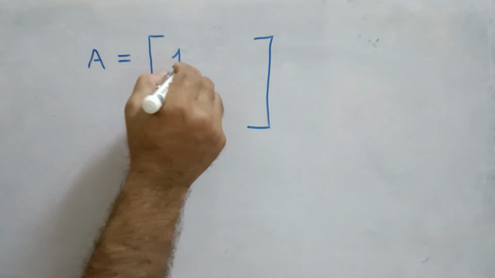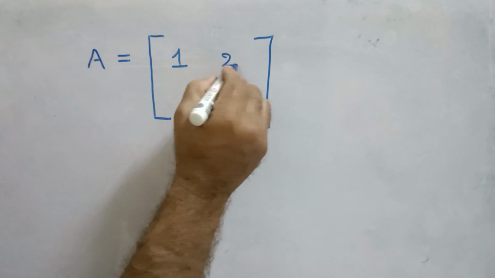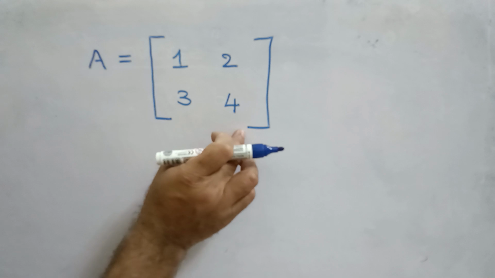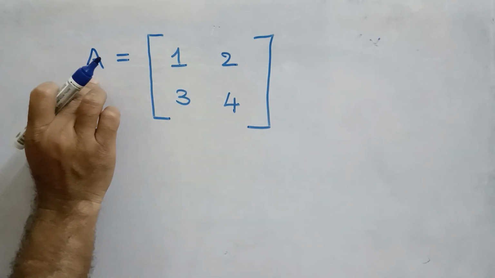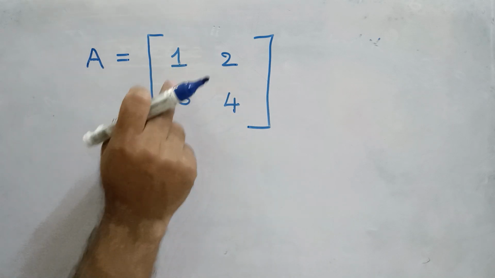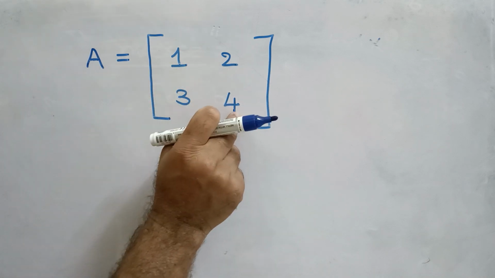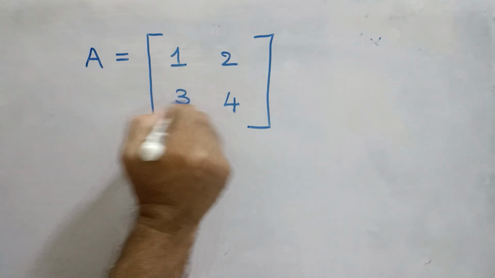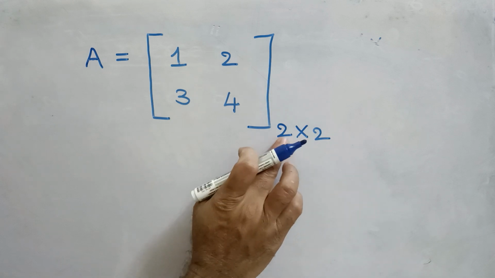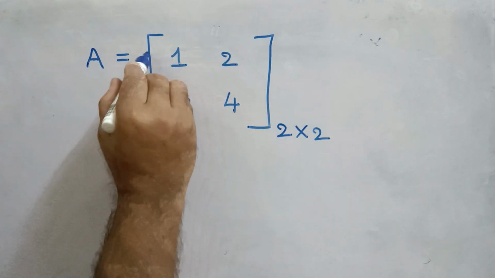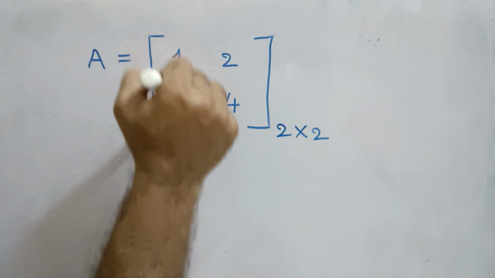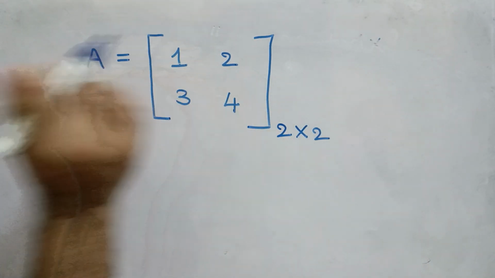Let us say I am taking an example for your easy understanding. 1, 2, 3, 4 are the 4 elements in this given matrix, and I am calling this A. A is the matrix where I have 4 elements 1, 2, 3, 4, with 2 rows and 2 columns. Thereby, it is called a 2 by 2 matrix. The first 2 indicates the number of rows, and the second 2 indicates the number of columns.